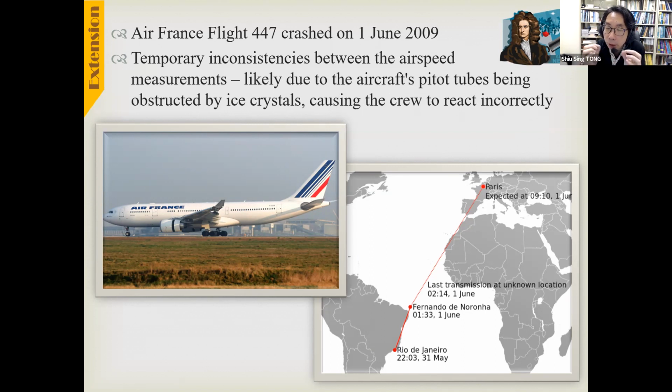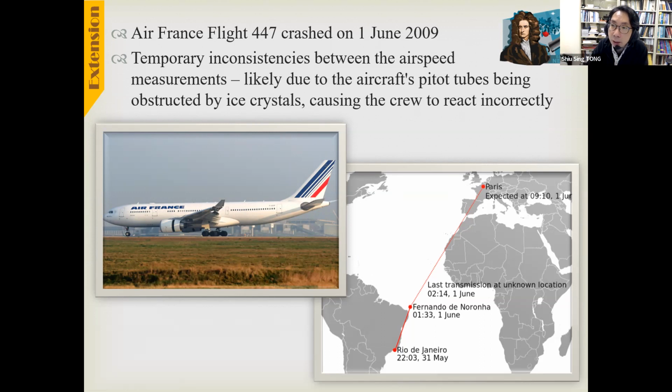If the humidity at those positions is high, ice crystals may form inside the pitot tube and block it from meeting the surrounding air, and that results in a wrong measurement of the speed of the airplane.